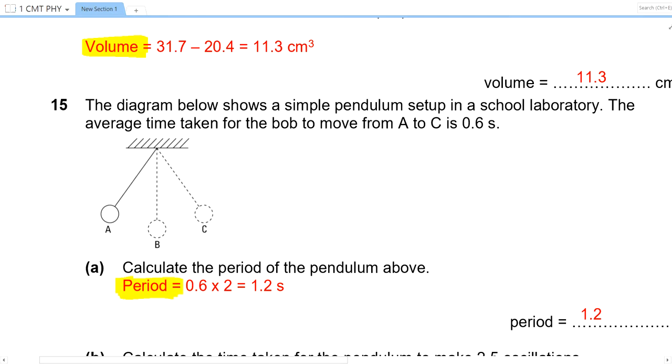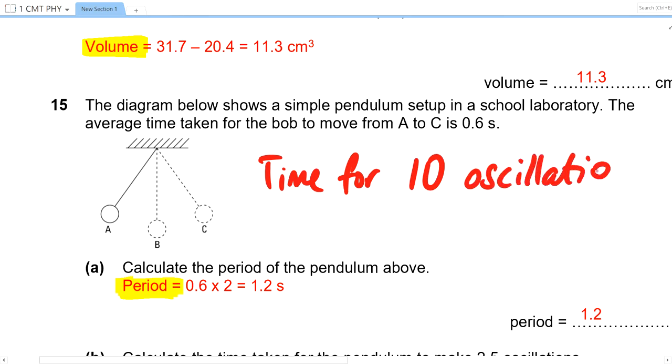Time for 10 oscillations equals 10 times 1.2. 1.2 is the time for one cycle, right? 12 seconds. So we get 12 seconds.